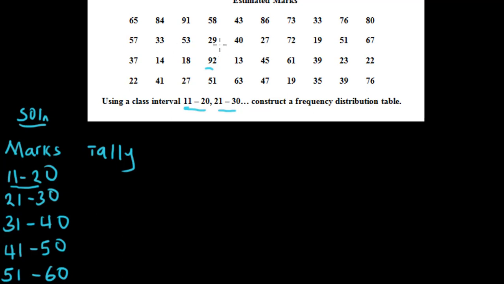11 to 20. We've got 19. We've got 14. We've got 18. We've got 13. And I think we've got 19. So we have 1, 2, 3, 4. Don't forget 5. Then we move to the next, 21 to 30.